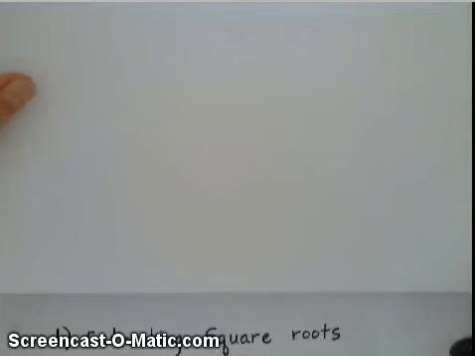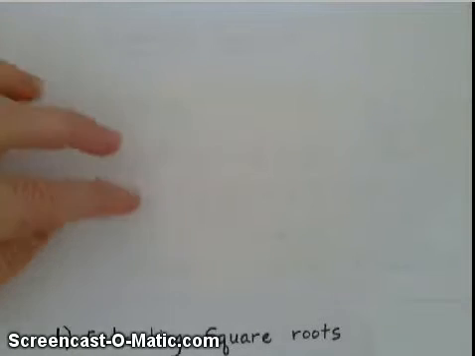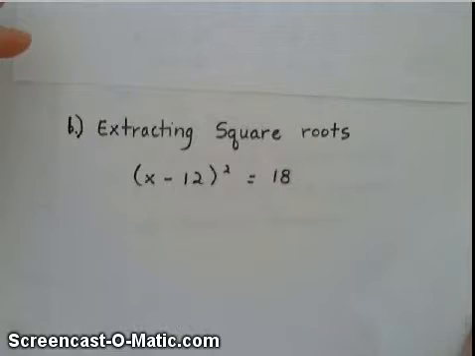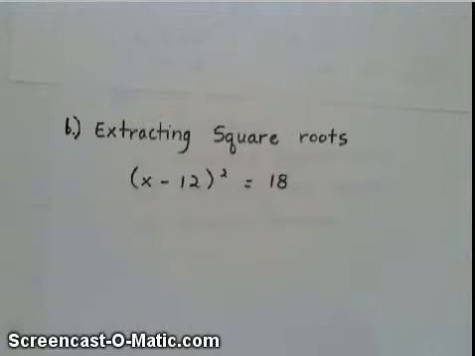The second method that we're going to look at is called extracting square roots. And let's talk about where extracting square roots makes a lot of sense. If the variable is on one side and is part of what we call a perfect square. You see how this expression x minus 12 is all squared.